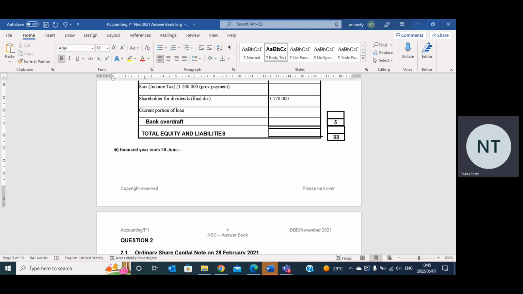That means July and August don't fall in our financial year. Hope that makes sense. So there are 2 months extra.